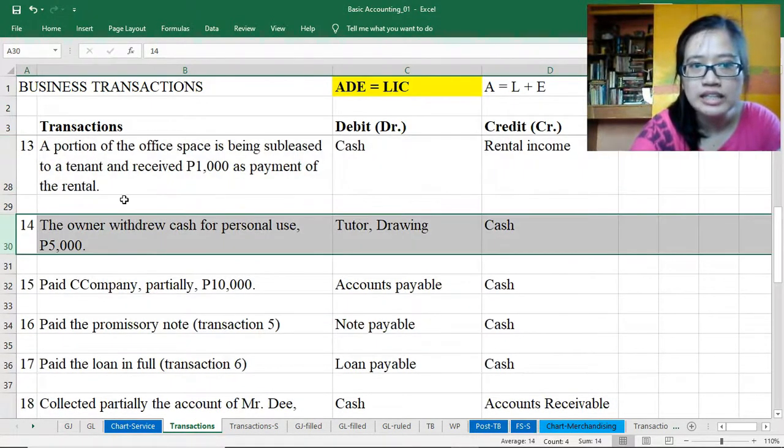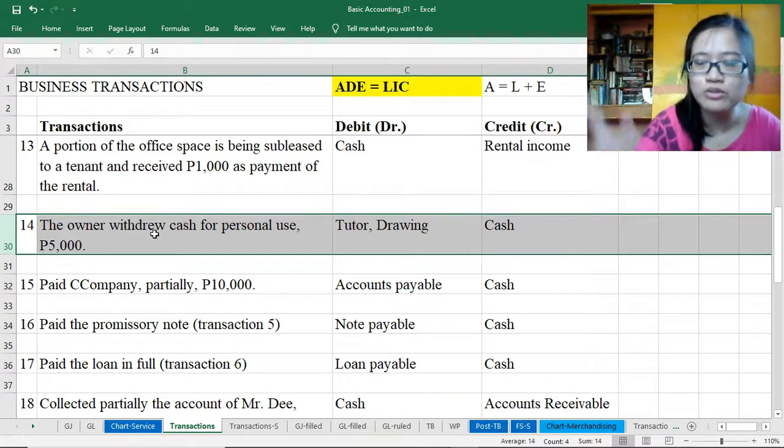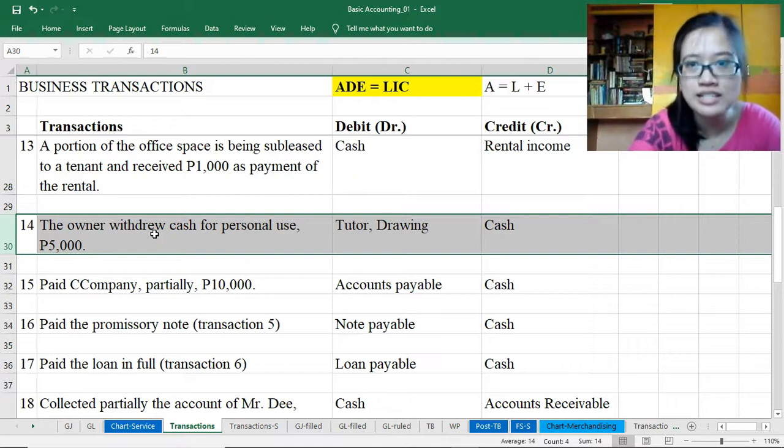Number 14, the owner withdrew cash for personal use. Okay, so nagkaroon ng withdrawal. So, nangangailangan ng pera si owner for personal use, kumuha muna sa business. Okay, in that case, kailangan i-record pa din, i-reflect sa books ng business. So, ang affected account, so withdrawal, drawing, di ba? Nag-withdraw kasi ng cash.